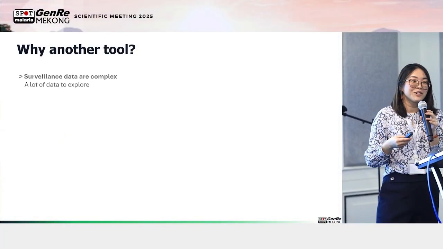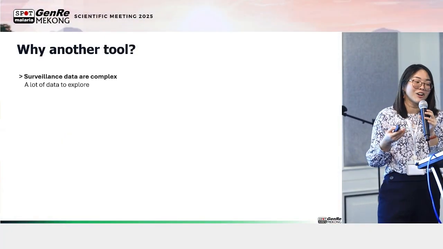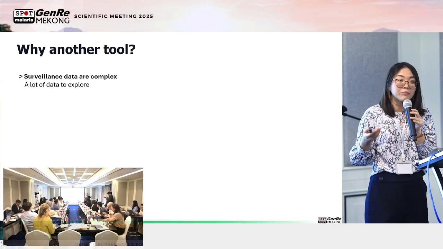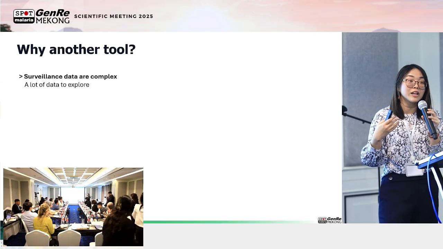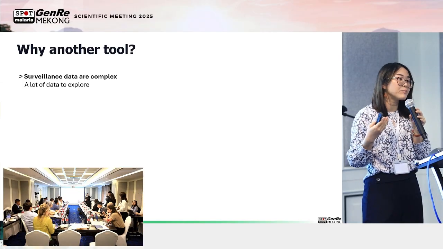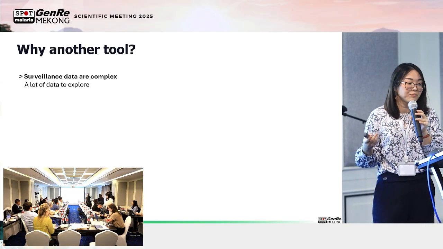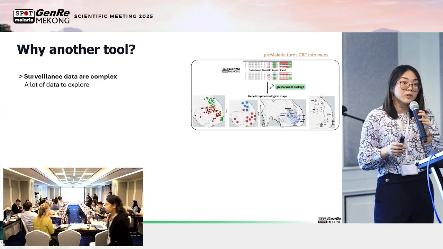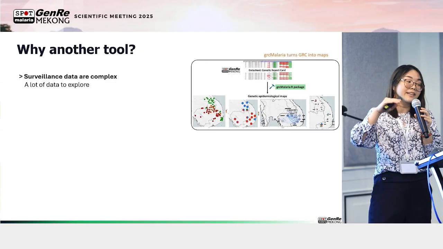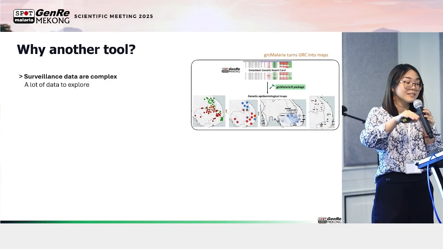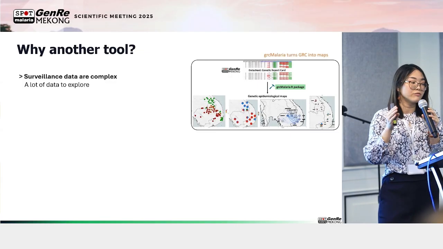So why are we developing another tool? Well, surveillance data are complex. There's a lot of information coming in from different places, different times, and it can be difficult to get a clear picture of what is actually happening. The GenRe-Mekong project has already developed a tool that helps translate surveillance data into actionable public health information.